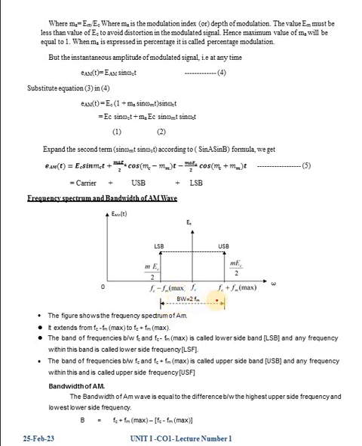I told you in the earlier class, bandwidth is defined as the upper cutoff frequency minus the lower cutoff frequency. So here FC plus F max minus FC minus F max gives you 2 F max. The bandwidth of AM is equivalent to the difference between the highest upper side frequency and the lowest side frequency.